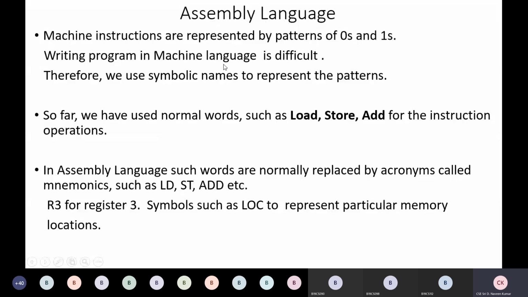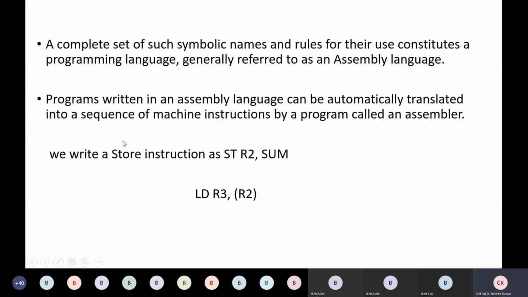Because we have the problem with machine level language, which is in terms of zeros and ones. An example of assembly level language is LD R3 comma, R2 in brackets. Can anybody say what addressing mode this is?